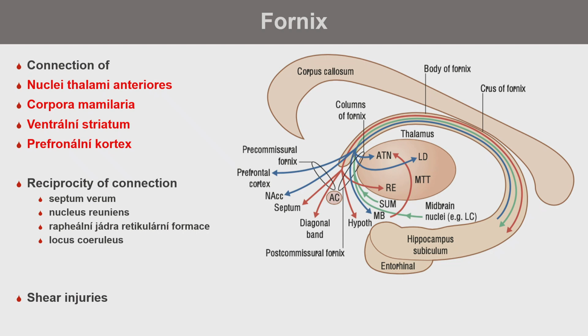The large communication between the two hemispheres and also within the limbic system is the fornix. The fornix is a highway of information between the hippocampus and subiculum, and then between the hypothalamus.